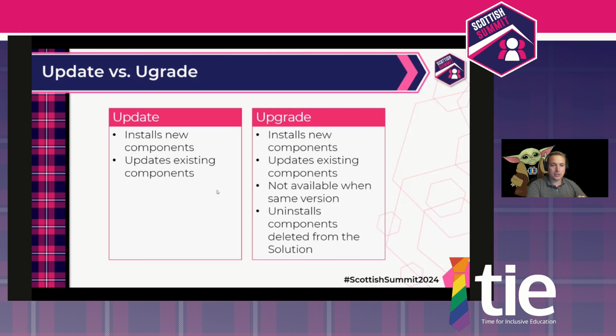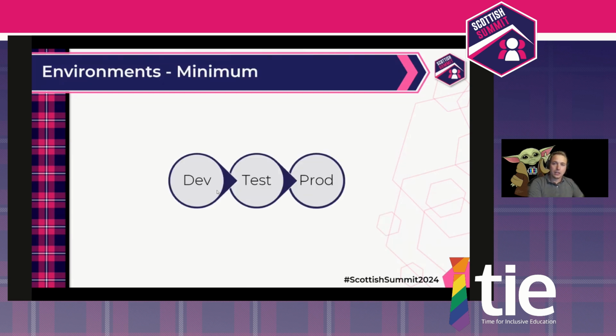And it's only available if the version you're trying to install is higher than the version that is already in the system and it's managed. Then you can do an upgrade. That's the one which you will use, or should use, to clean up your downstream environments.